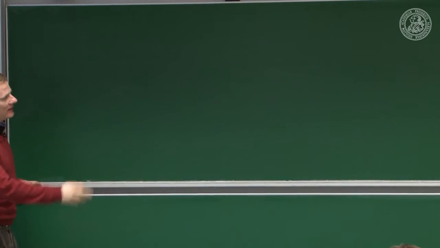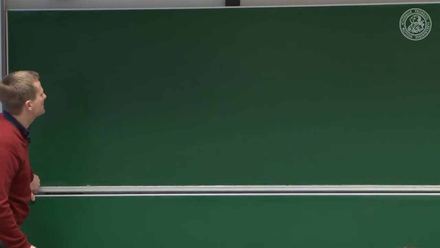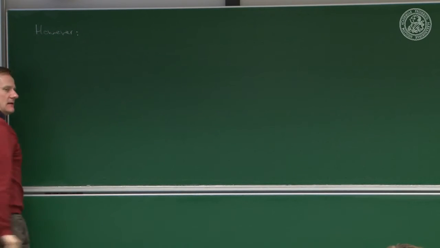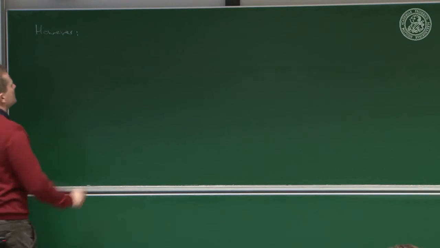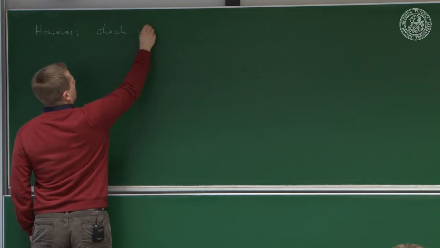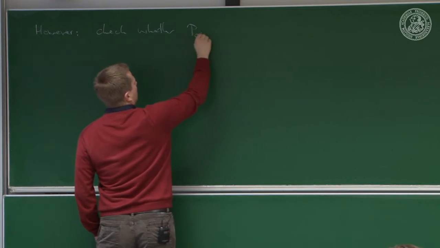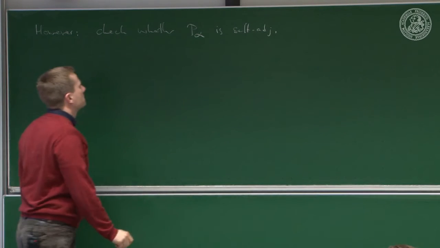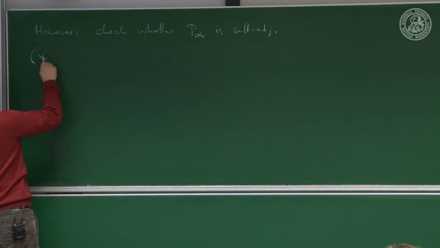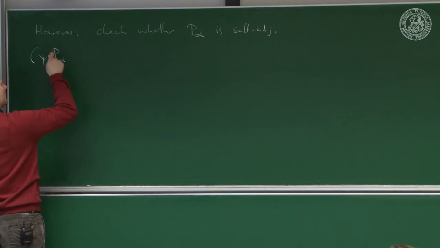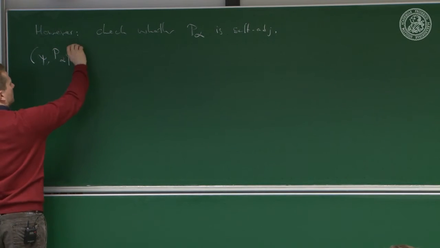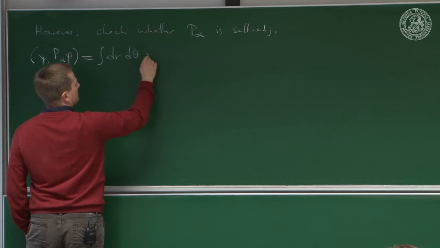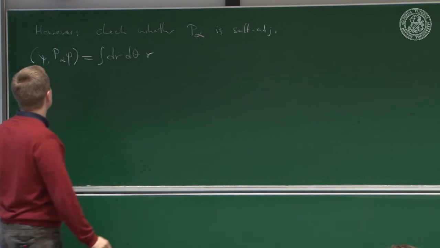This, however, was a little premature. Now, really, using this inner product, we can check whether, for instance, our P alpha is self-adjoint. So what do we check? Psi, P alpha phi. This is the integral dr d theta r, that's our volume form.